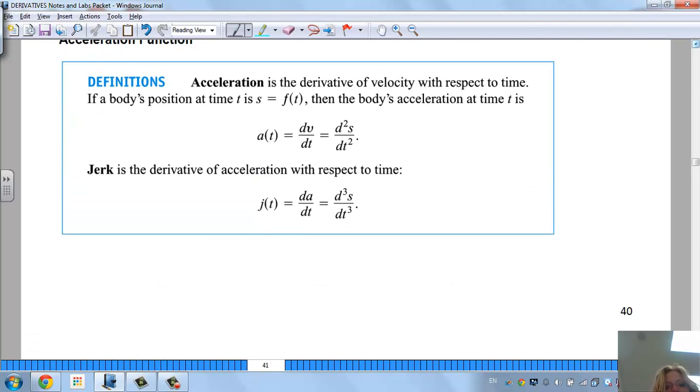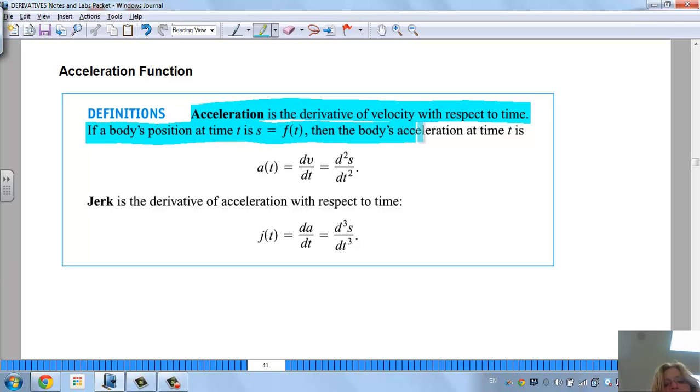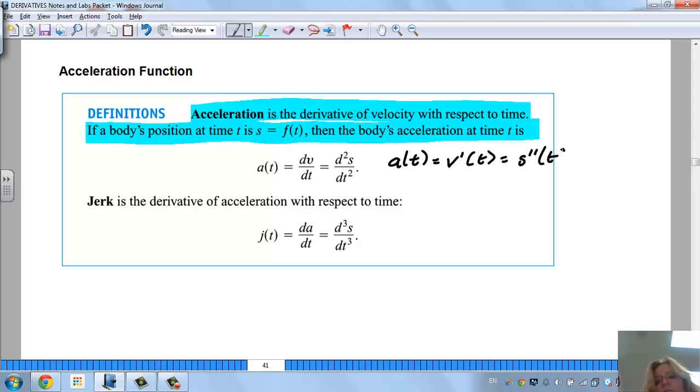All right, now let's talk about acceleration. Acceleration is the derivative of velocity with respect to time. If a body's position at time t is s equals f of t, then the acceleration is the derivative of the velocity, or the second derivative of position. So a of t is the derivative of velocity, or the second derivative of your position function.